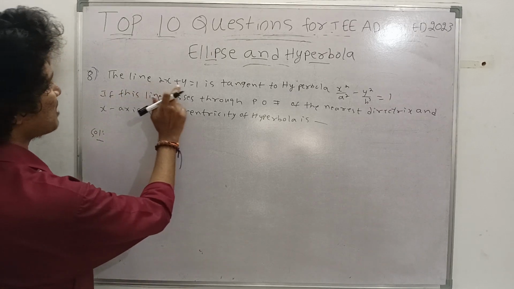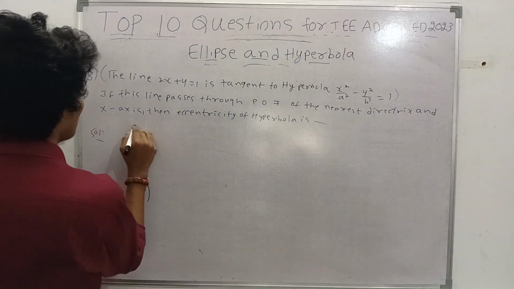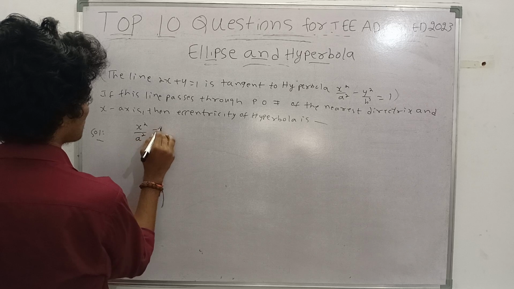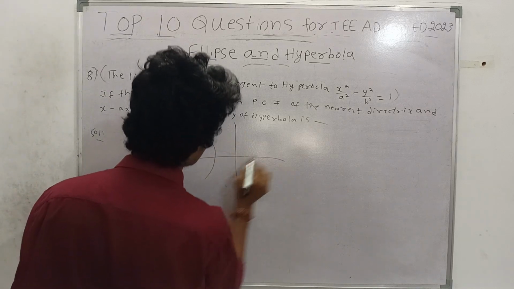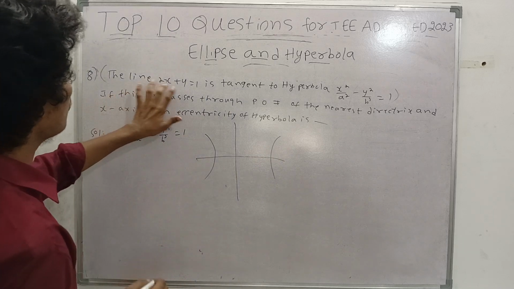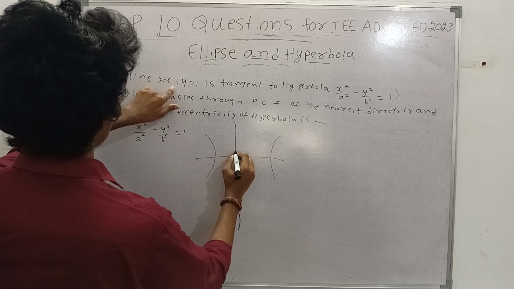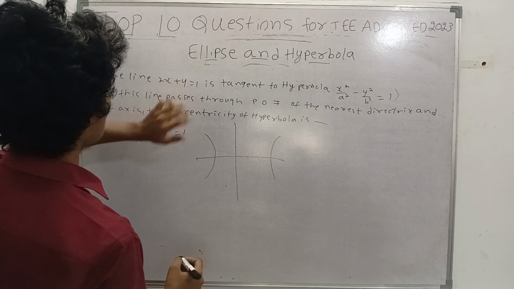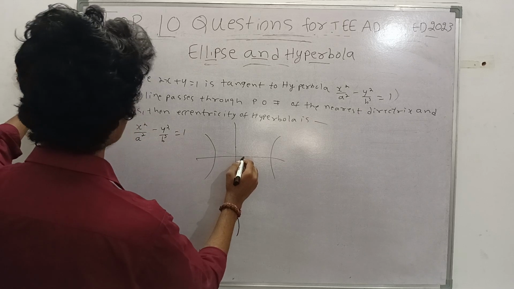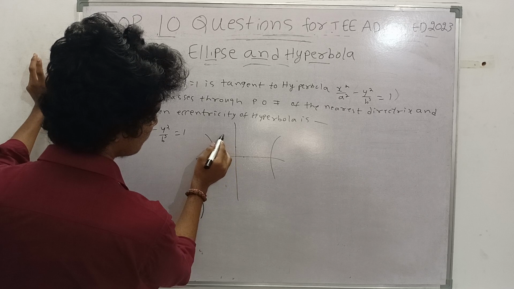Listen guys, the line 2x plus y equal to 1 is a tangent. Read just up to here. They gave x square by a square minus y square by b square equal to 1. This is a hyperbola. And what are they saying? They are saying 2x plus y equal to 1. At x equal to 0 it is 1, and at y equal to 0 it is 1 by 2.